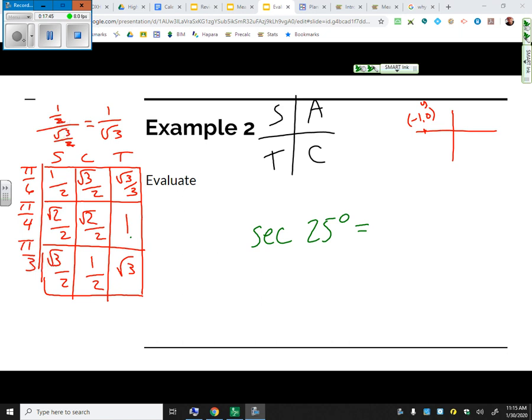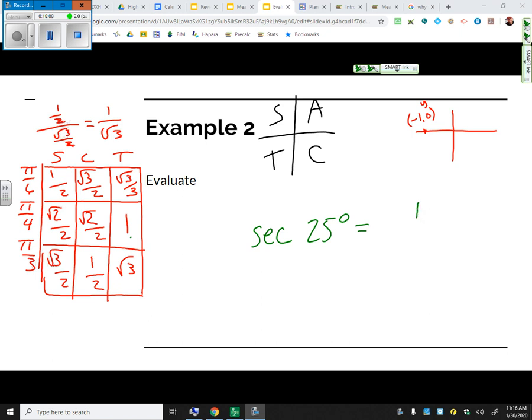Anybody have a secant button? AD, you got one on that fancy thing? Do you really? Nice. Ooh, close. Secant.